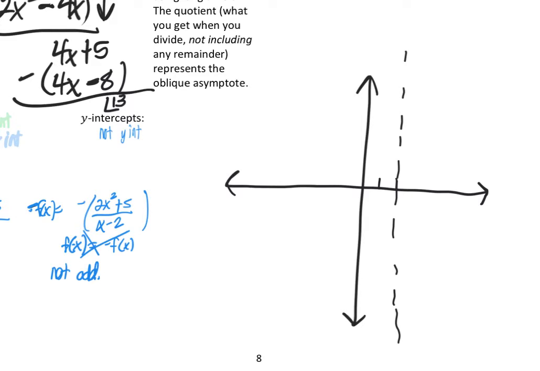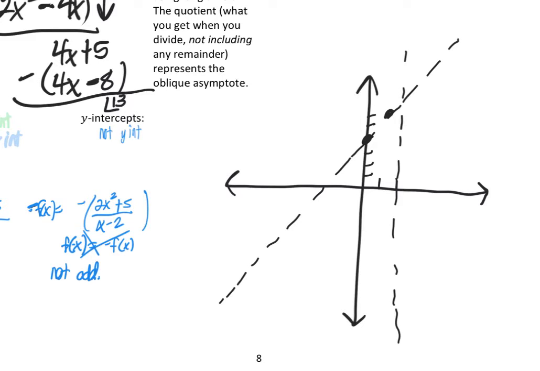So I would go to 4 on the y-axis, plot a point, and use my slope for the next point. So the slope is 2, so you rise 2 and run 1. So that is your slant asymptote.